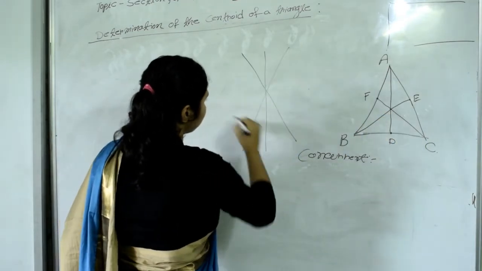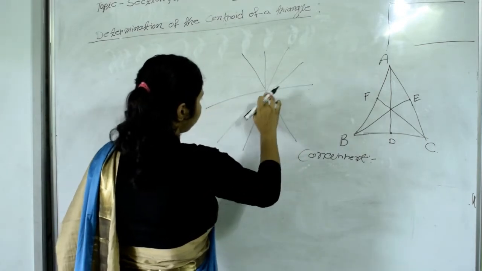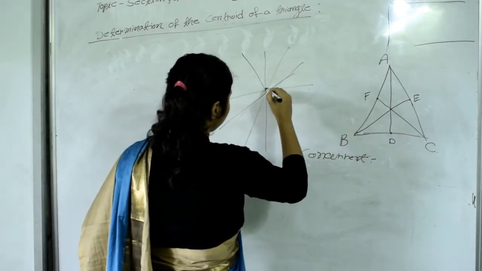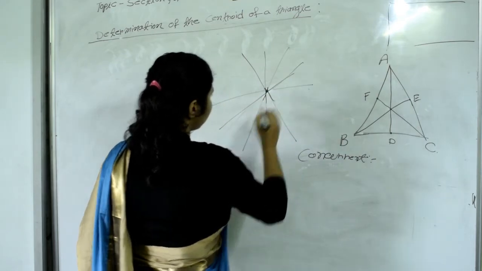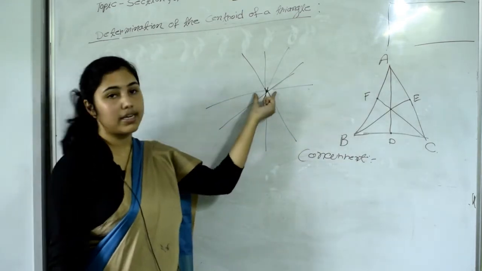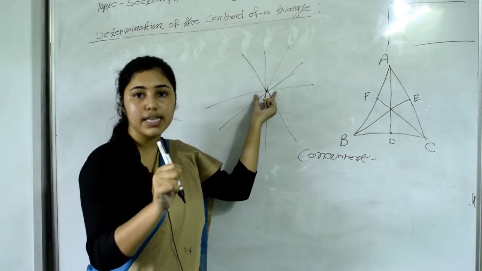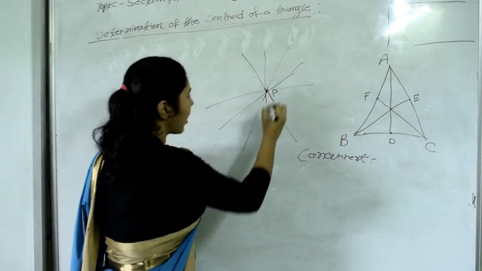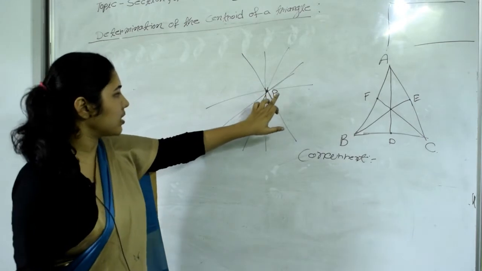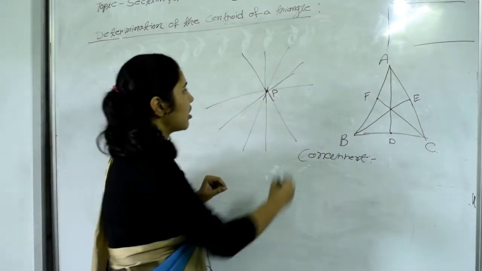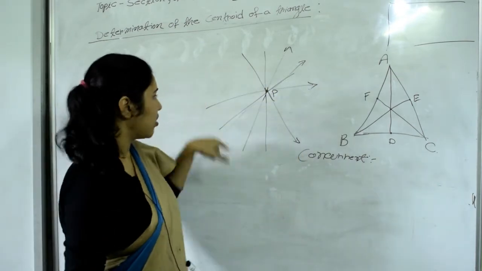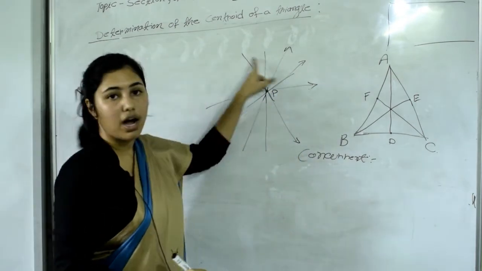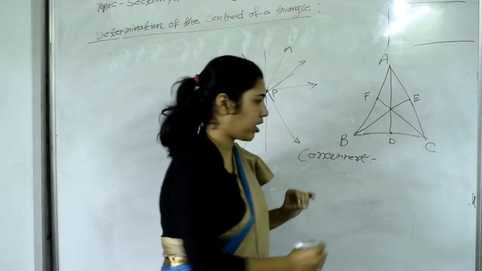Suppose these are straight lines, right? Now suppose they are intersecting at a single point. Name this point as P. Then P is called the point of intersection of these line segments, and all these lines are called concurrent.